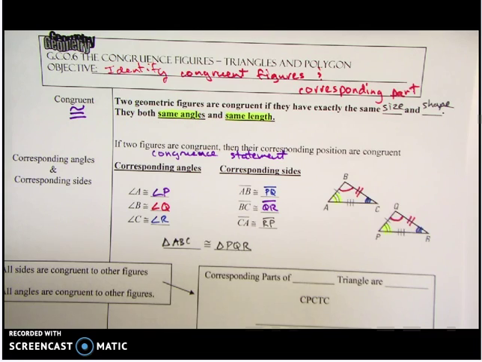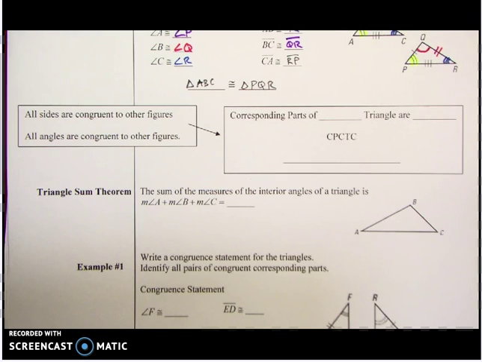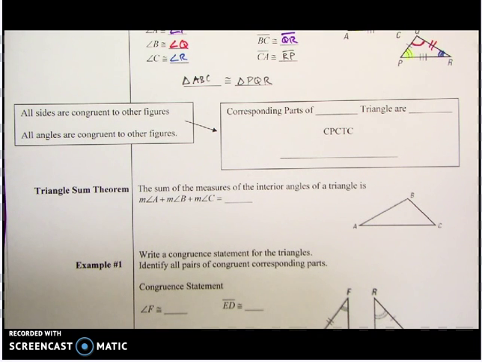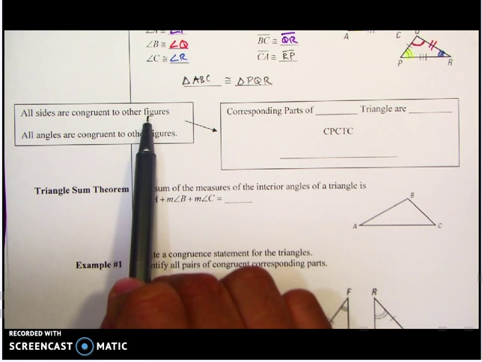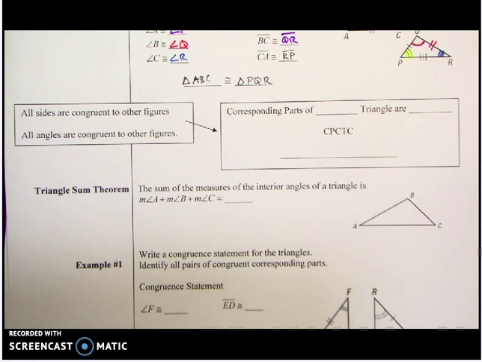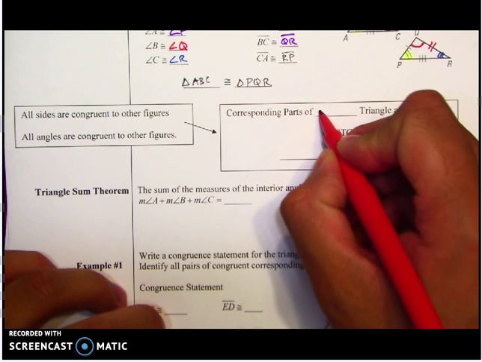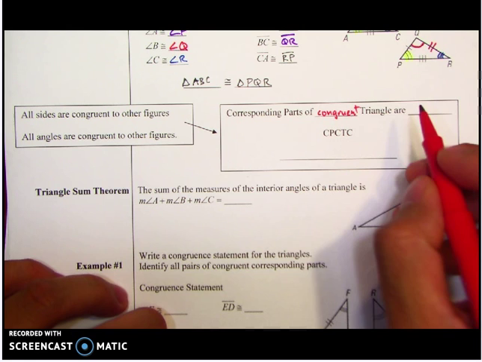Alright, so the next part is just more vocabulary that I want you to recognize. When they're congruent, that means all the sides are congruent to the other figure, and all the angles are congruent to the other figure. Once you show that those two are congruent, that means corresponding parts of congruent triangles are congruent.